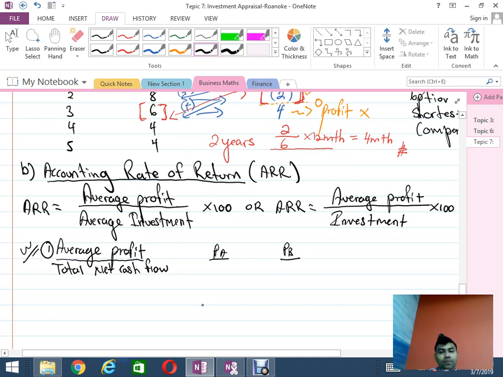Total net cash flow. So what do you do here?